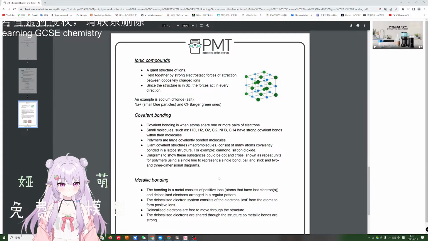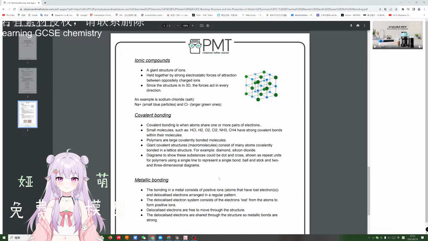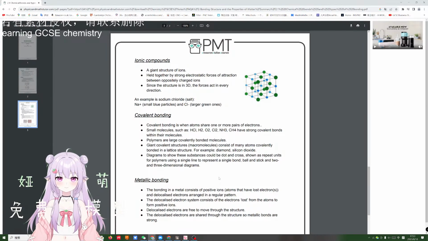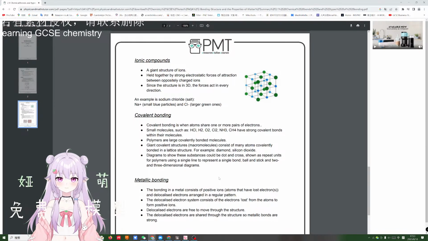So in metallic bonding, we have positive ions and delocalized electrons arranged in a regular pattern.